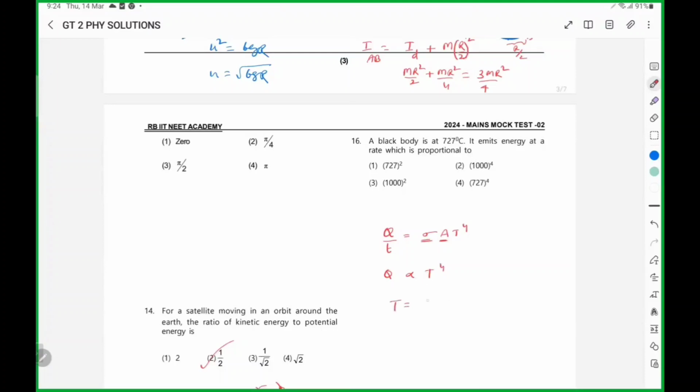T is your absolute value, 727 plus 273, which is 1000 Kelvin, 10 cube. So amount of energy radiated is 10 cube power 4, that is 1000 power 4.